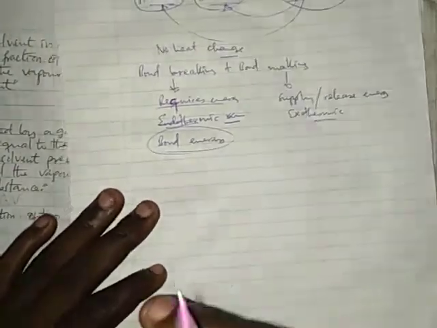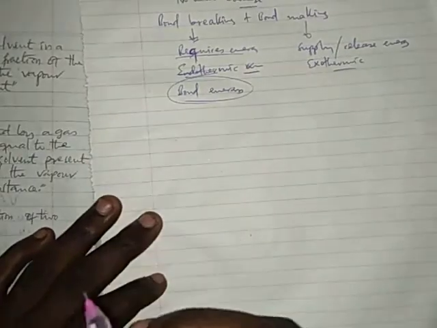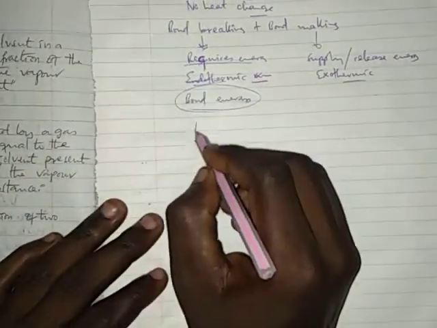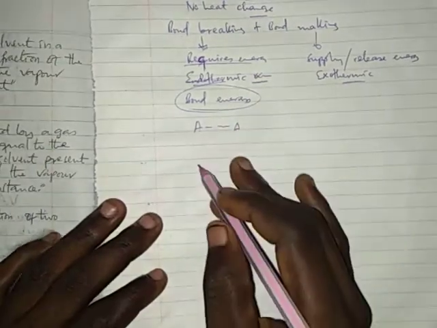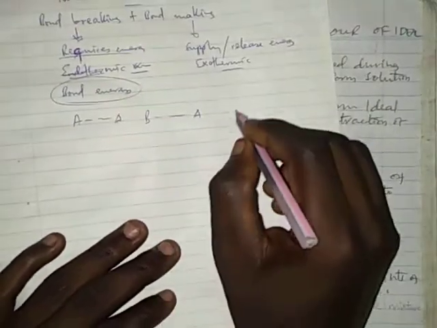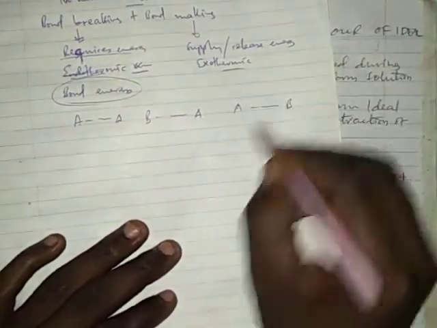Now, what I am saying here is that when you are mixing these two liquids, you will break the bond between AA, and also you will break the bond between BB, and you will form the bond AB.